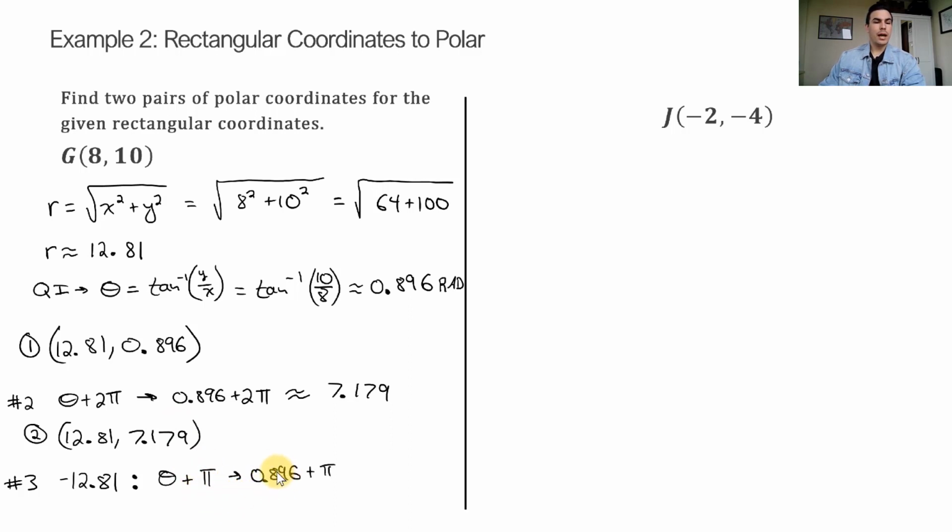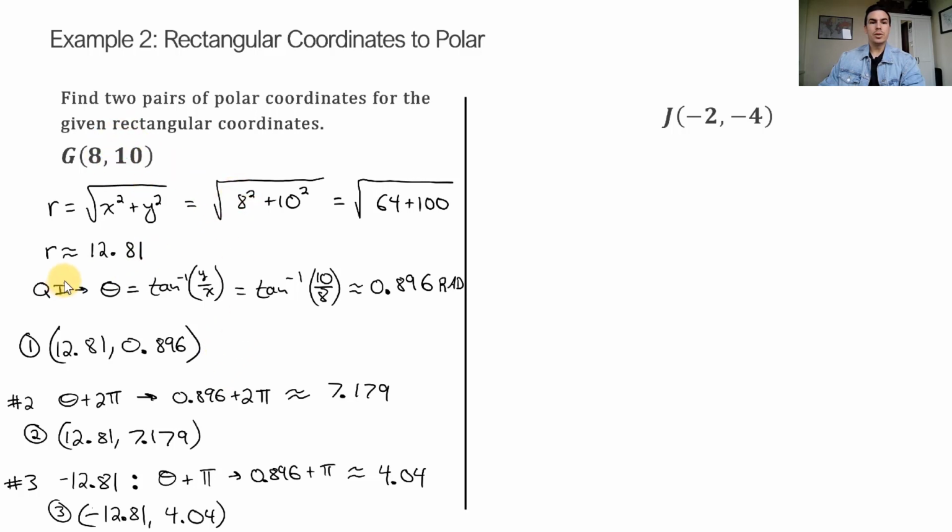So in this case, I would take the radians from our original calculation and add pi to that, and that gives me about 4.04. So I can have another polar coordinate that is -12.81, and then my theta value is 4.04 radians. So multiple representations can give us multiple different points that essentially land us on the same coordinate.